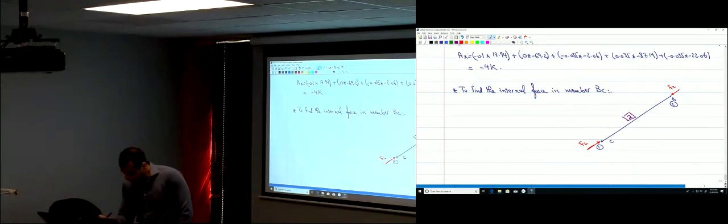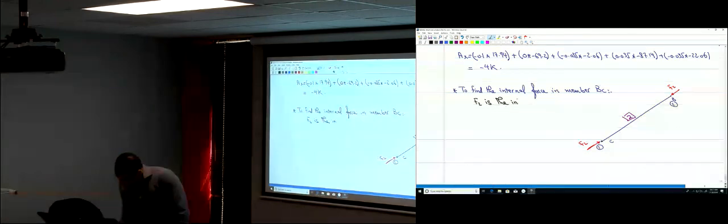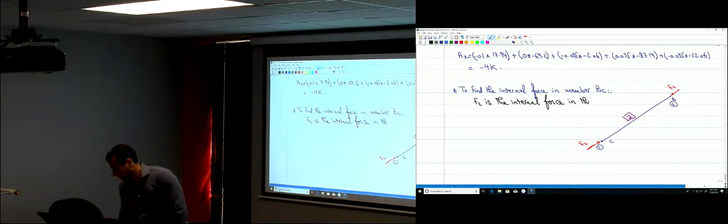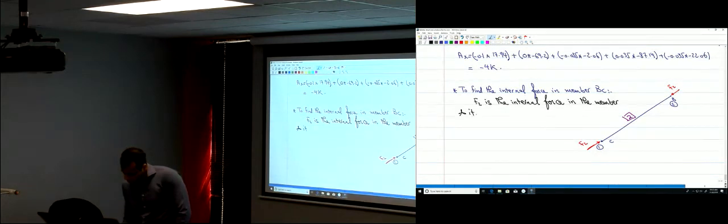F2 here is the internal force in the member, and it is in the local x direction of the member.